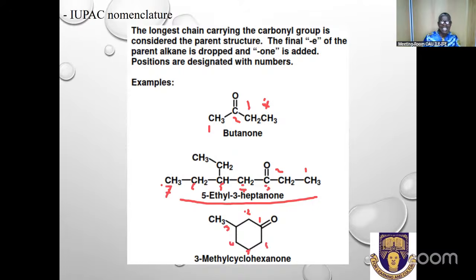You can see we go anti-clockwise here. You cannot go clockwise. If you go clockwise, methyl will become carbon number 5. And you must try and give both the carbonyl and the substituent the lowest number possible. So for this one, it is 3-methyl cyclohexanone.